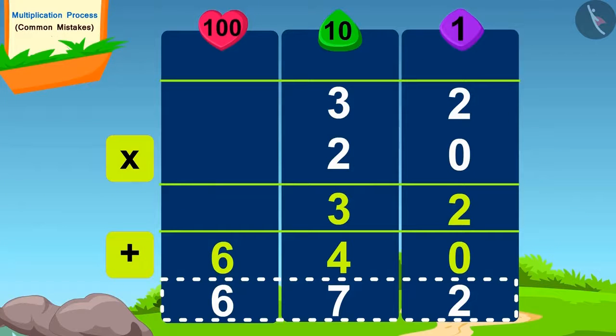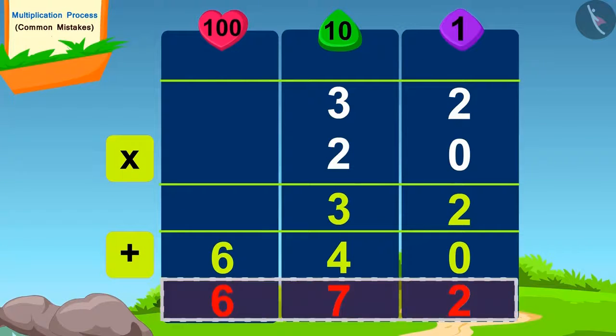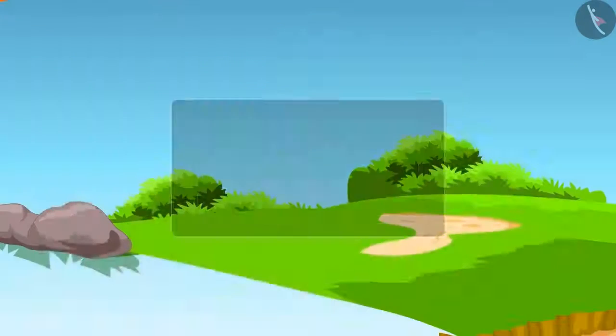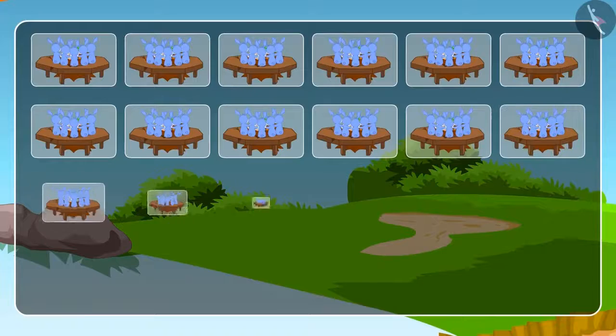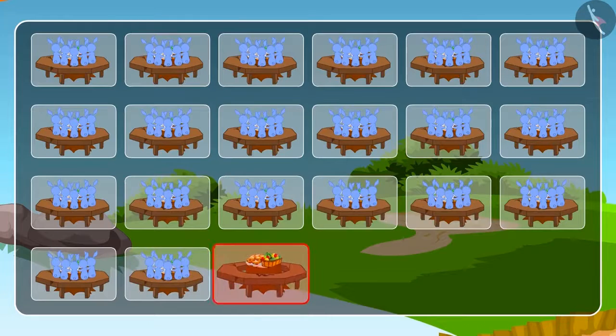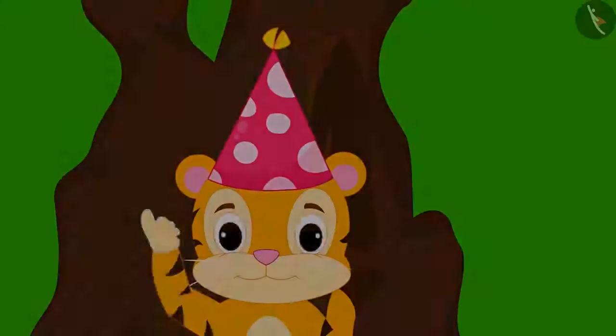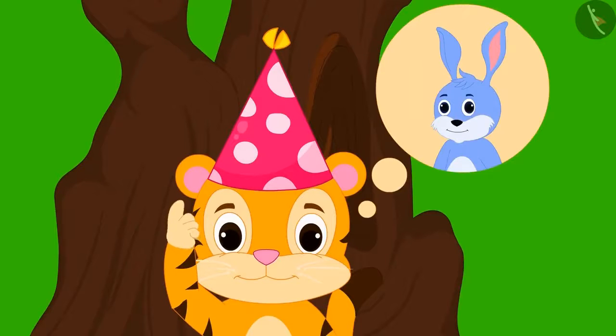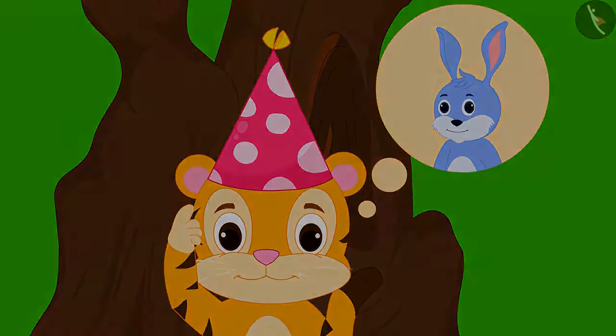Sher Khan estimated the total number of rabbits attending his party. When all the rabbits took their seats, 32 seats were lying vacant. Now Sher Khan is wondering why 32 of his rabbit friends didn't attend the party.